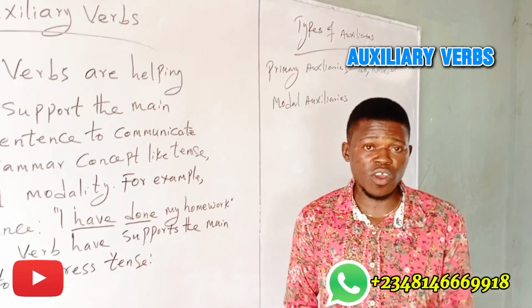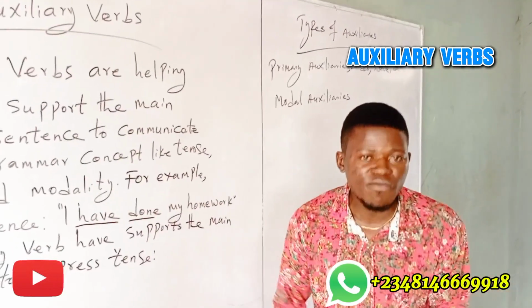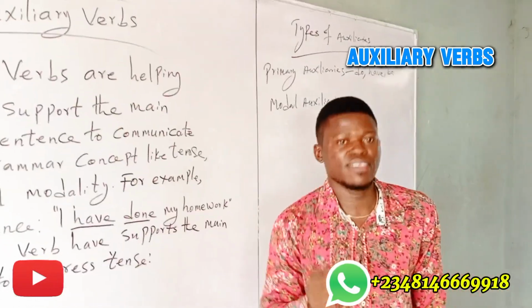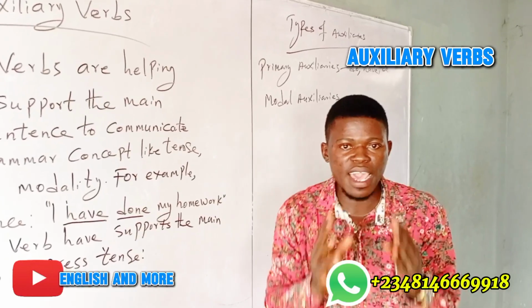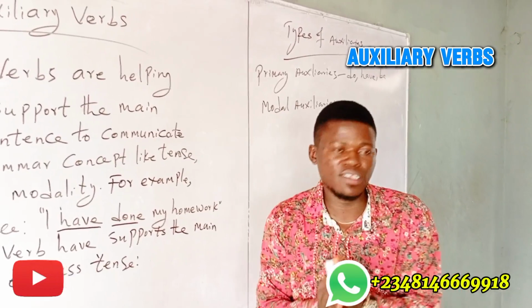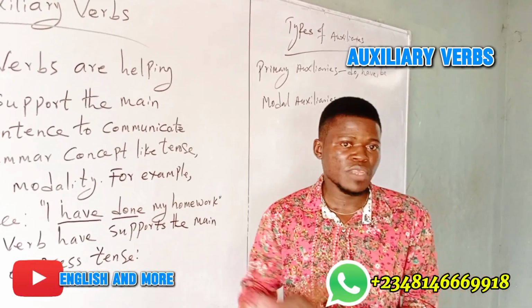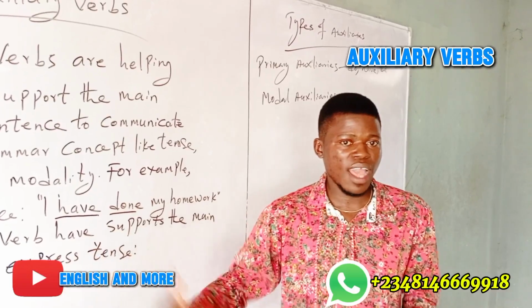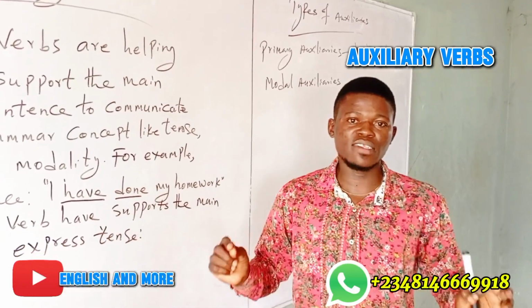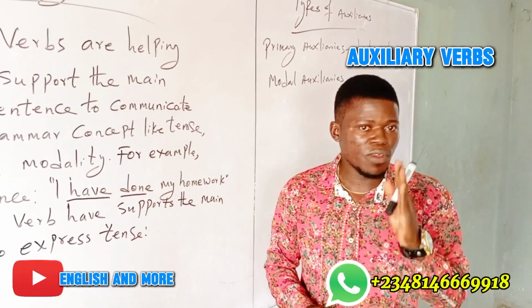What is the function of have in that sentence? Have is assisting the main verb, eat, to express tense. What type of tense? Past participle tense, or you can say perfect tense. I have eaten. Have in that sentence is used as primary auxiliary verb.